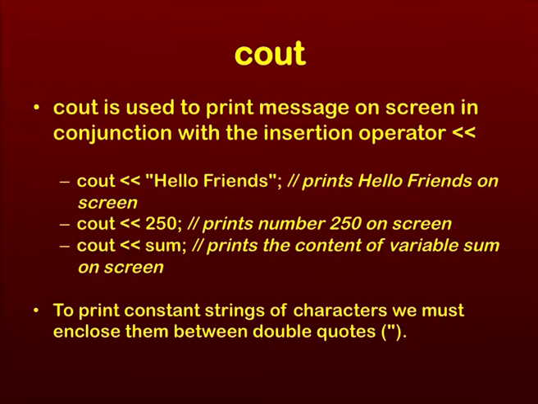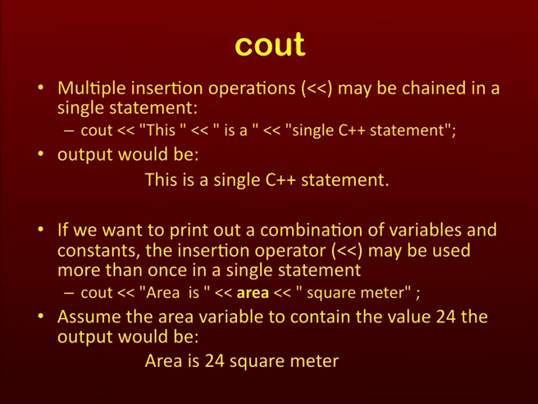Multiple insertions can be used in a single statement. As in the example, cout << "This" << " is a" << " single C++ statement". The output will be: This is a single C++ statement.